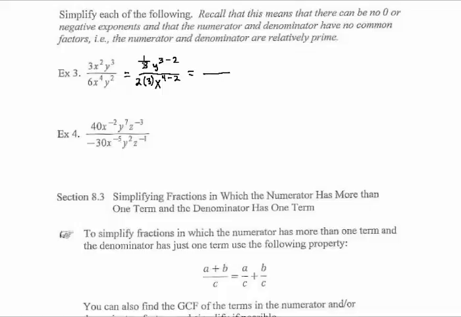So the 3's cancel, and we have a 2 in the denominator, and then all that's left on the top is a y. 3 minus 2 for the exponent is a 1, and we don't actually have to write that 1 there. In the denominator we have x to the 4th minus 2, and that becomes an x squared. And this is our simplified expression.